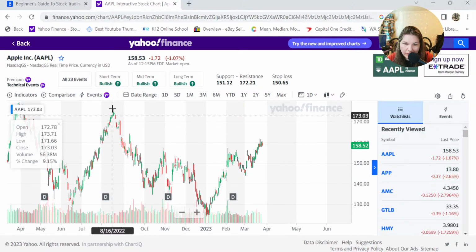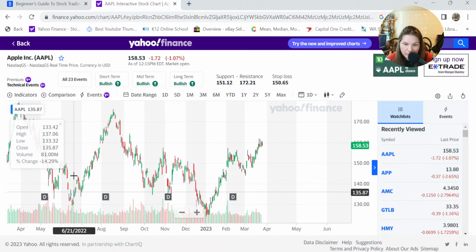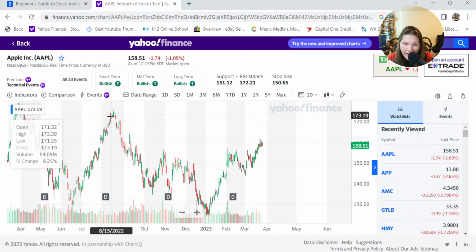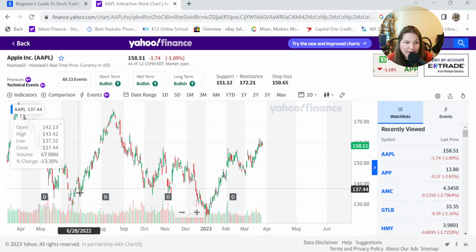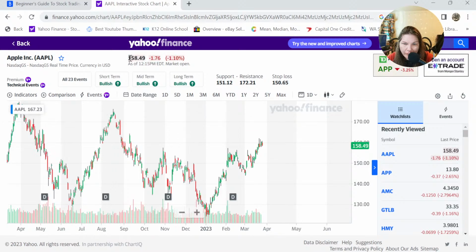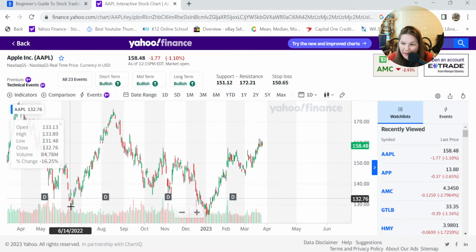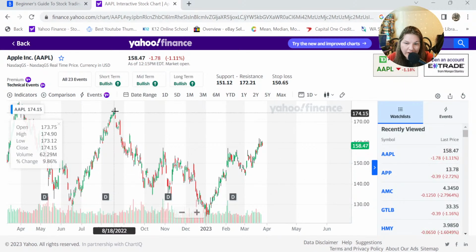So if you would have just held your shares for 2 months, right here, you would have gained $40 a share. That means that if you would have bought $130 a share, if you would have bought 2 shares, let's say we're really broke, 2 shares for $260, 2 months later, you would have made yourself $80.